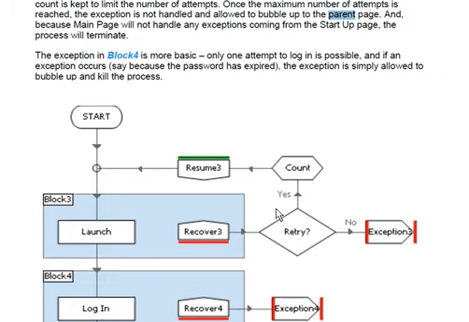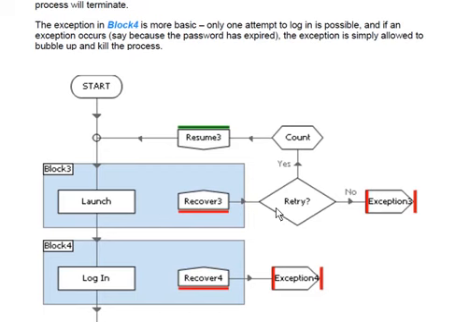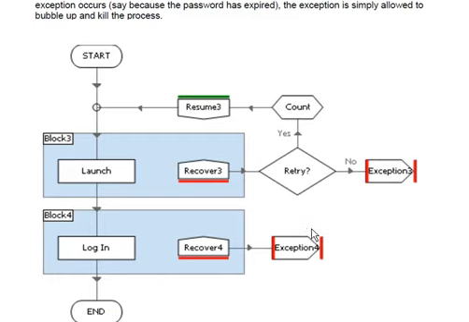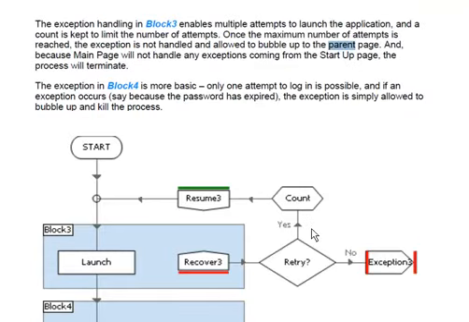Here you can see exception block 4 is more basic. Only one attempt to log in is possible. If an exception occurs, the exception is simply allowed to bubble up and kill the process. This is the way we can bubble exceptions.